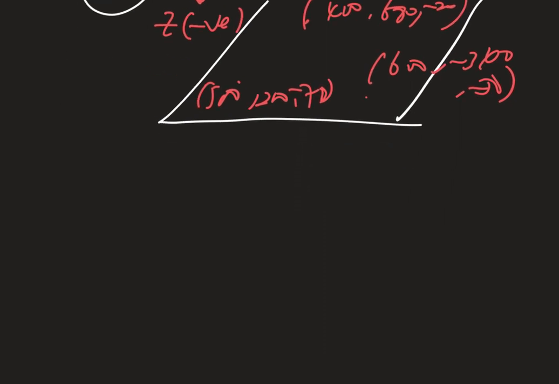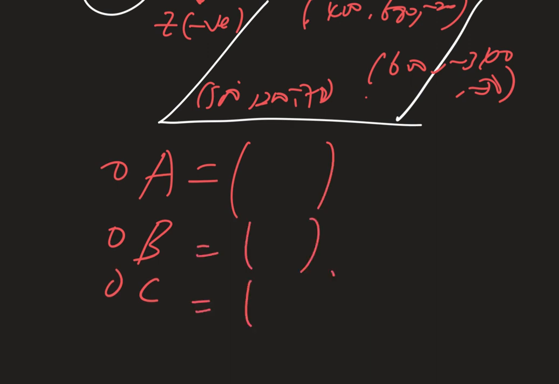So there are many methods we can use. We let A, B, C be the points. I would rather you use the vector form to represent that, because it's easier to spot mistakes if you really have problems.